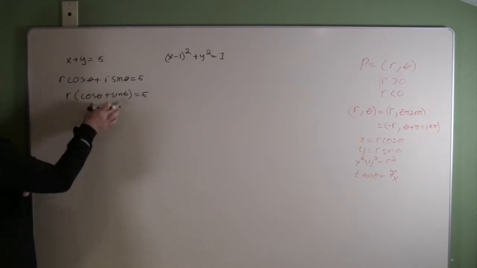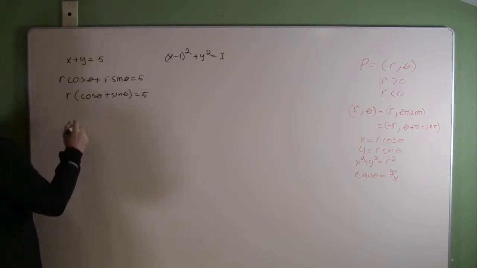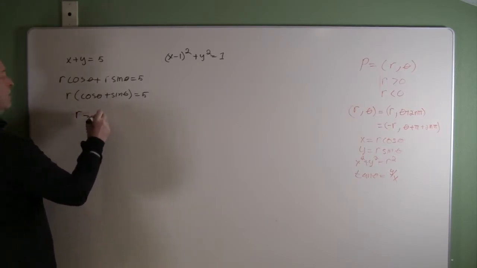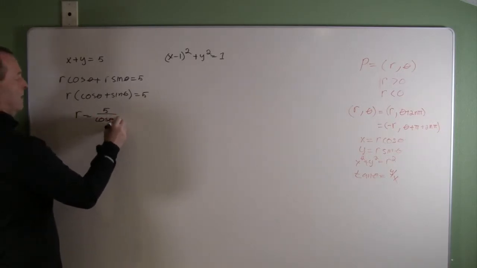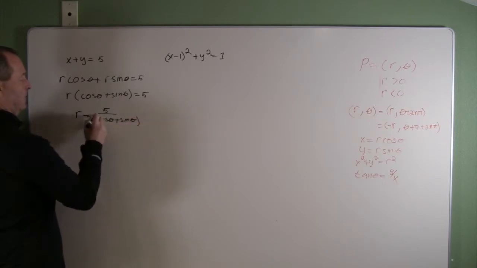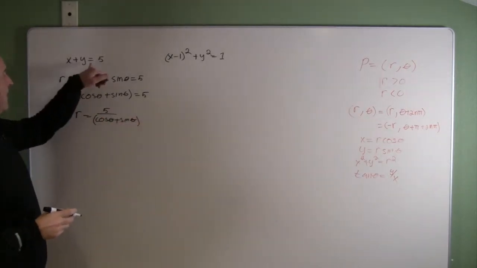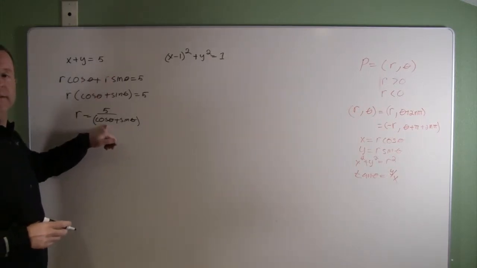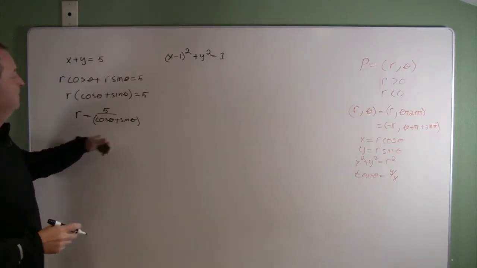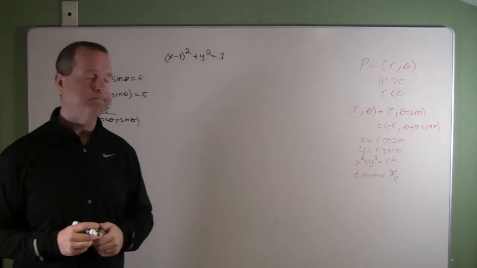Divide both sides by cosine theta plus sine theta. So I have r equals 5 over (cosine theta plus sine theta). So this equation in xy world is the same equation in polar world, and I was able to convert one to the other.